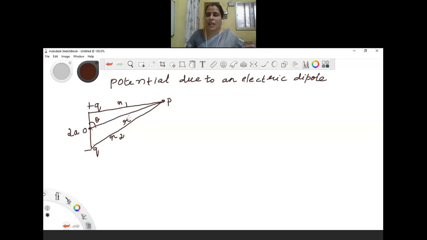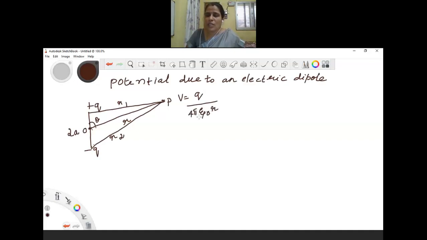Already we have discussed in the lesson the potential due to a single charge. We know the general formula: V is equal to Q divided by 4 pi epsilon naught r.